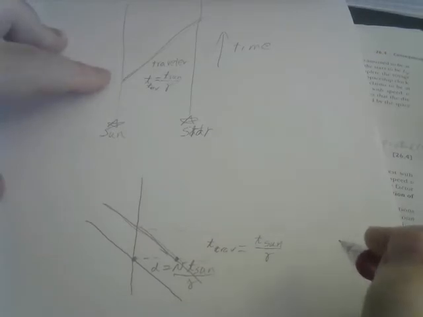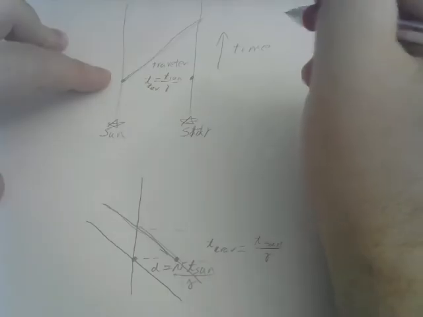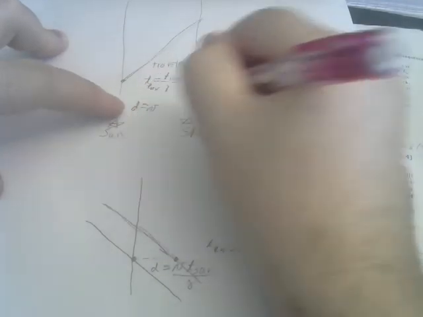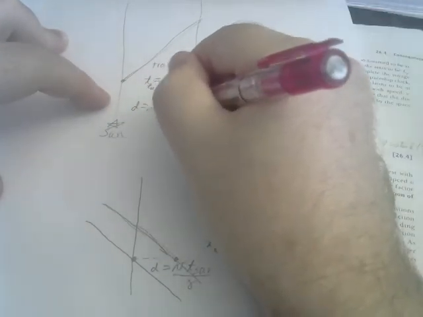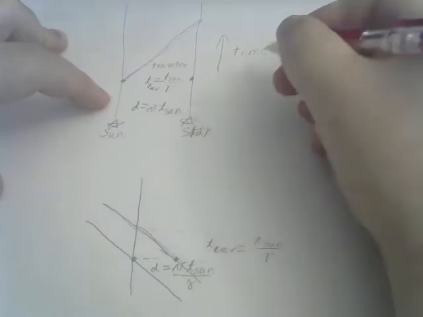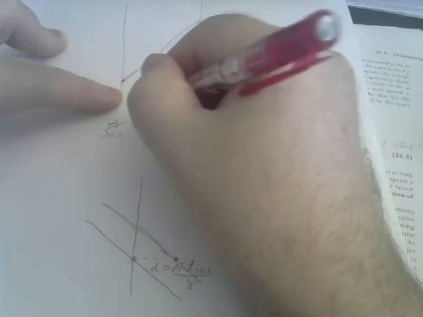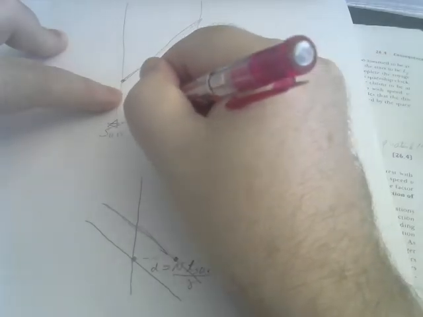So this distance we just call distance equals v times t sun, and this distance we say is distance v t sun over gamma. So the distance for the sun frame is v t sun.